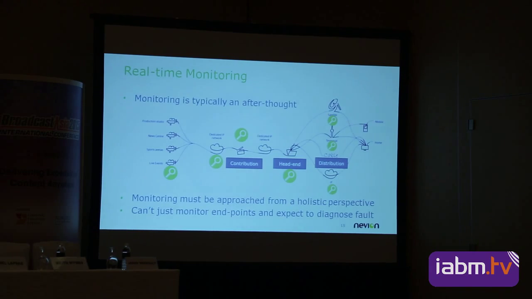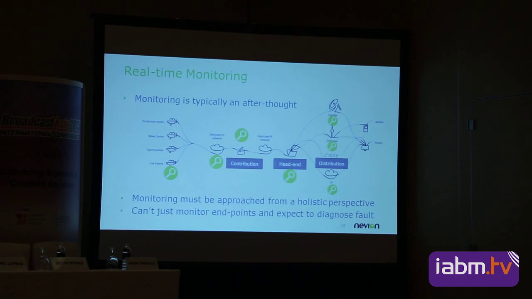Now, protection is only one element. Media monitoring is also an extremely important element, and it's typically an afterthought, right? So we always invest in the transport of content, all the production facilities, but no one actually puts a lot of funding into the monitoring systems, right? So when we start putting content into Ethernet networks, that changes completely, right?